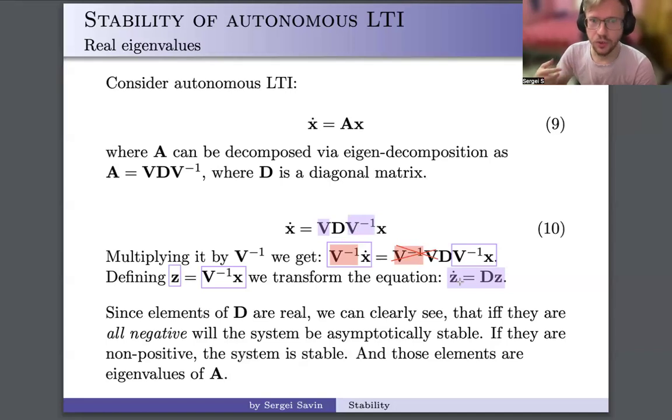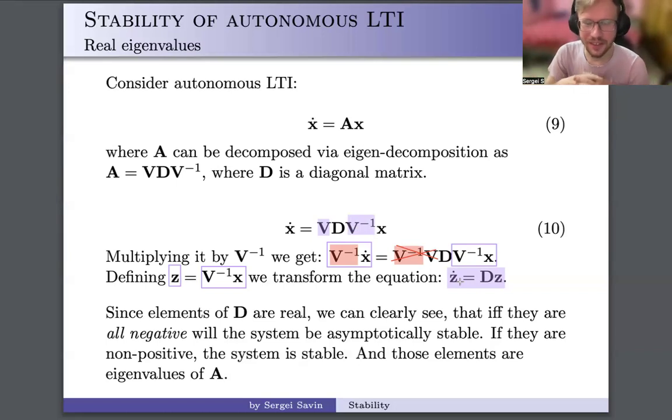Z dot equals D z. What is interesting is since D has real elements, it's a diagonal matrix, it is the same as the previous example. So we already know how to proceed from there.